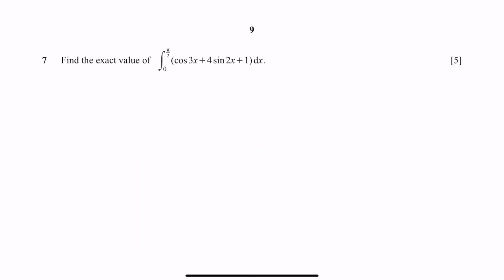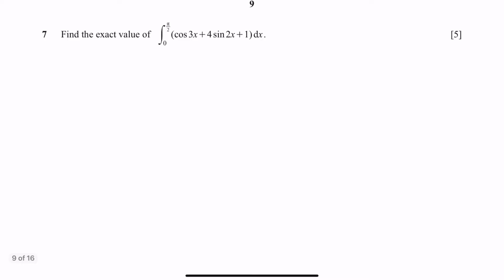Question 7 is about integration. So we need to find the exact value of this integration, and we can start. For cos 3x, we need to change the cos to sine. So we have sine 3x, and for the 3 we need to put it down.